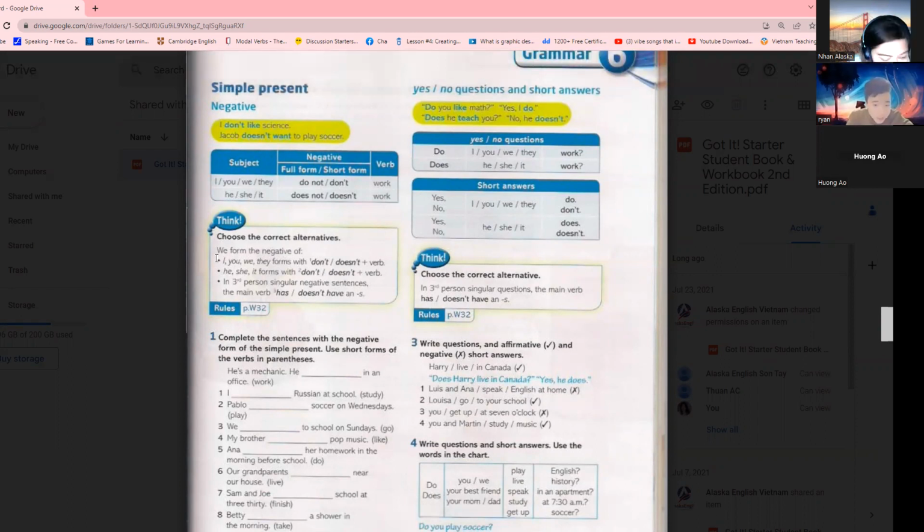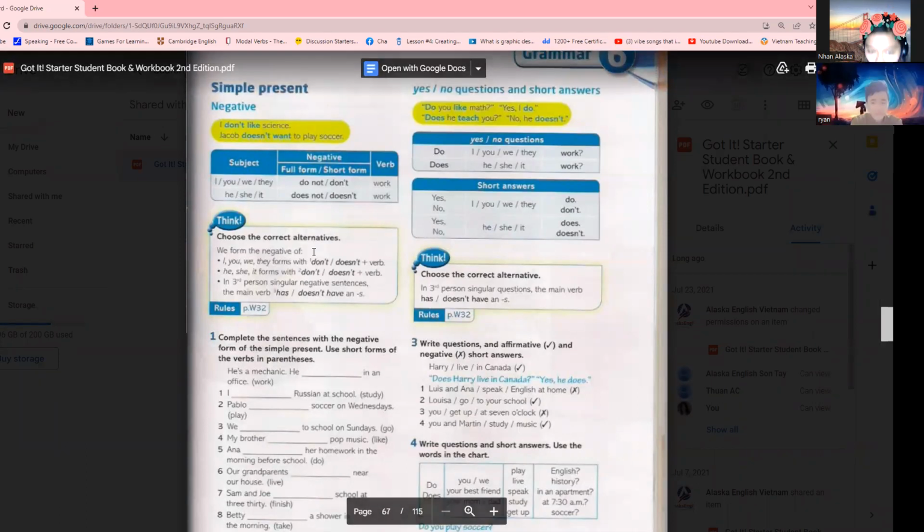We, they, form, we don't plus verb. Don't plus verb. Correct.